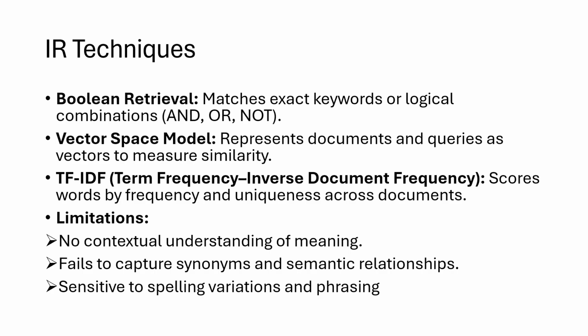For example, if one document says heart attack, and another page mentions the synonym myocardial infarction, the system cannot detect that heart attack has the same meaning as myocardial infarction. In such cases, information retrieval techniques fail.